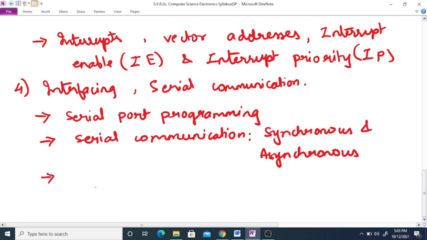Then next, use of timer to set or select baud rate.